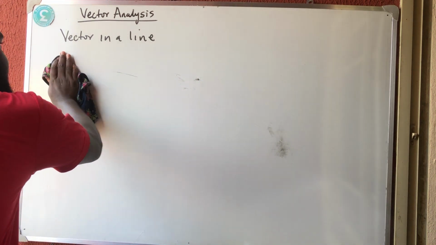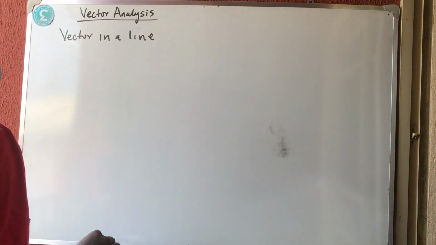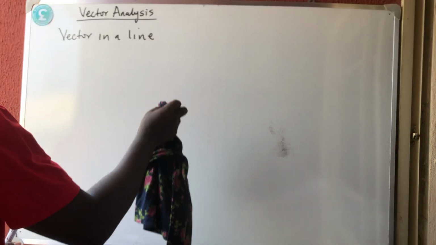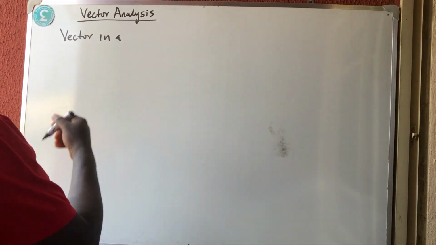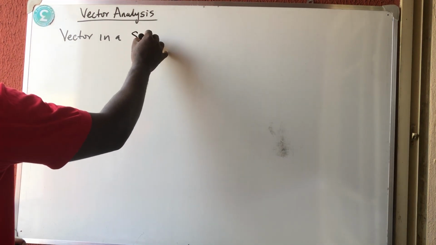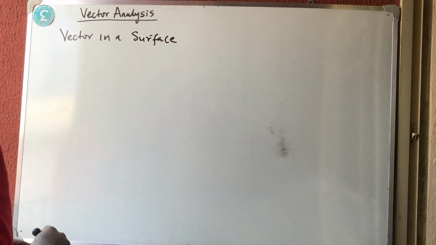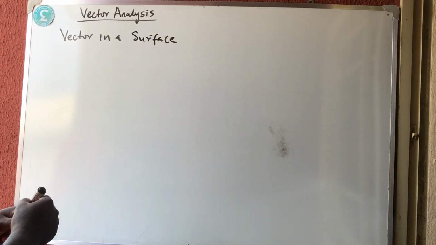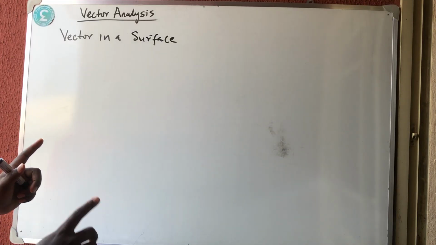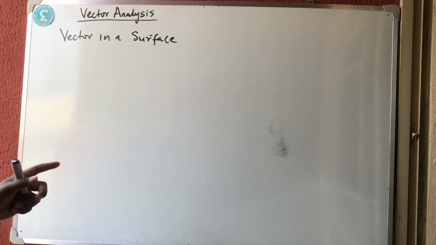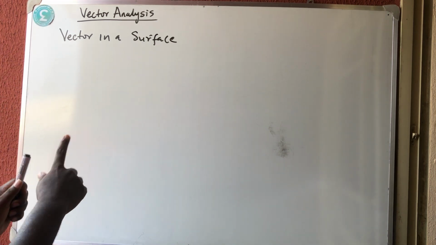Okay. So the next thing we are going to look at is a vector in a surface. Whenever you have a vector in a surface, a vector in a line is just one, but a vector in a surface is two. That is x and y axis.